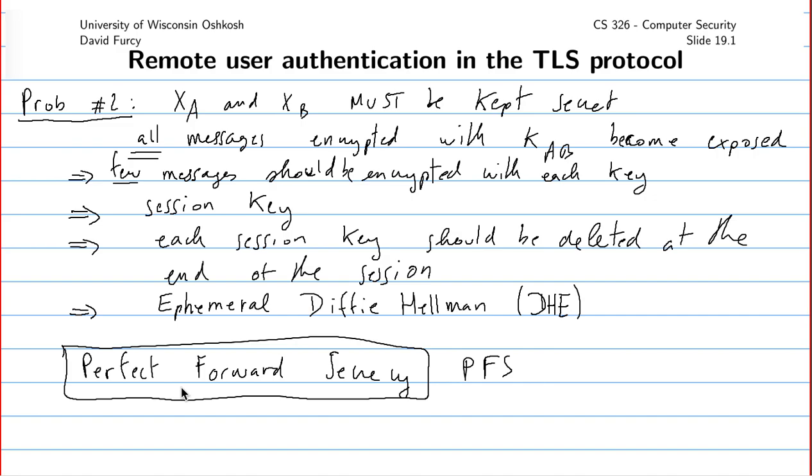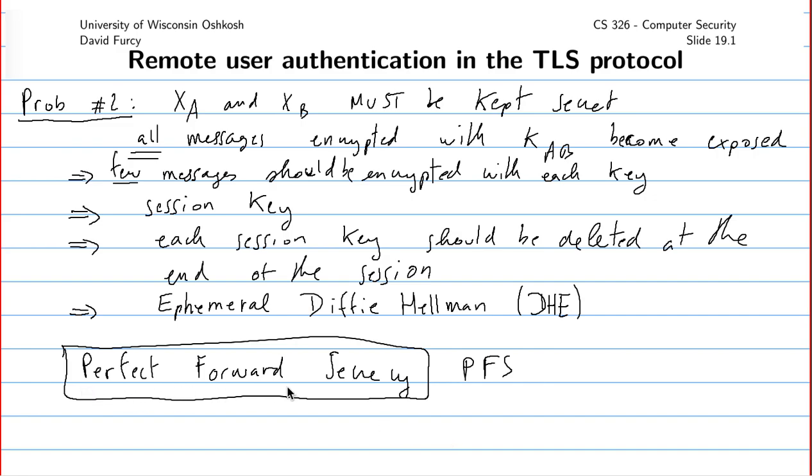If the attacker has recorded all of the messages in that session and they have access to that session key even a month later, then they would be able to decrypt those past messages and still do a lot of damage. So to avoid that, the goal is to reach what's called perfect forward secrecy.